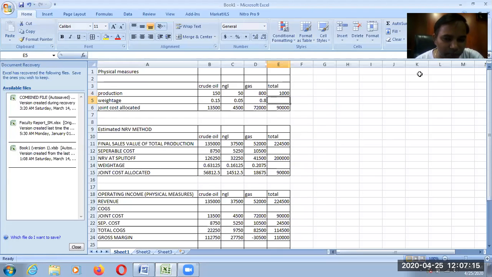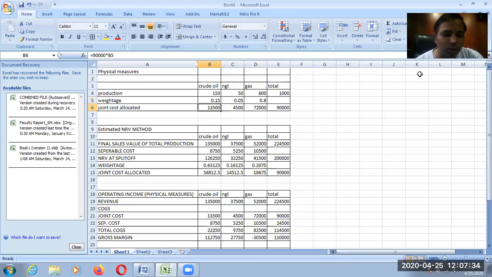After this, we are not deducting any separable cost. We are simply calculating the weightage. That means 150 divided by total units produced, that is 1000. That gives us 15 percentage, 5 percentage and 80 percentage.